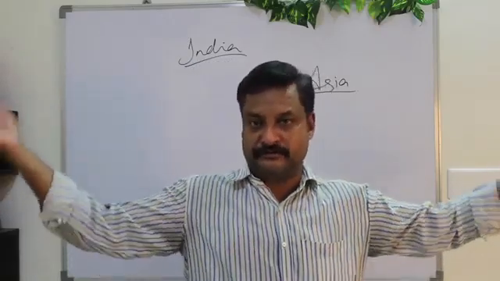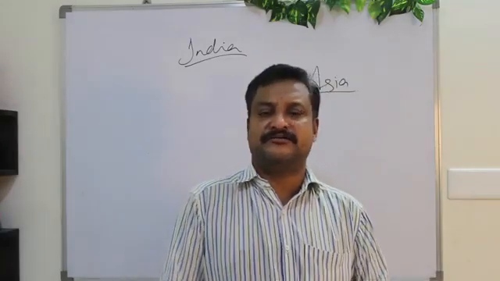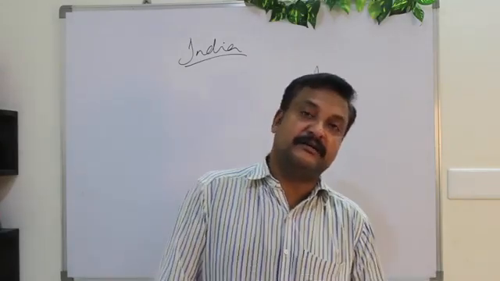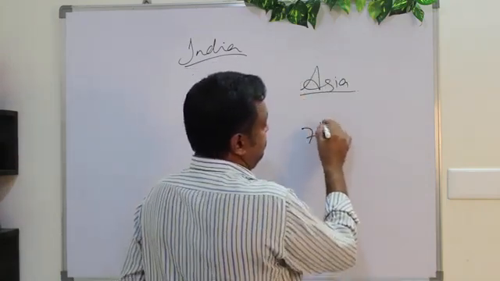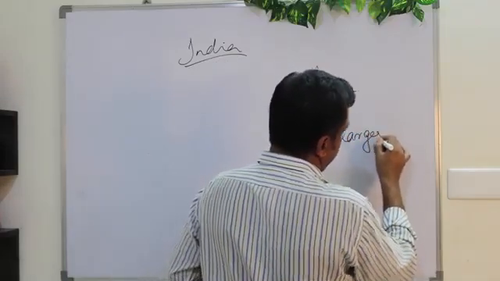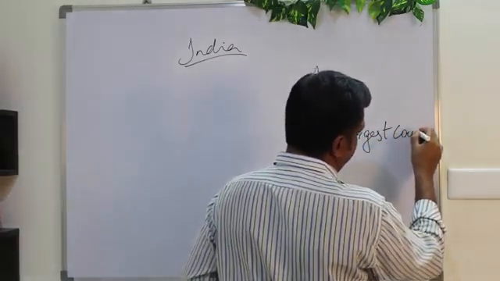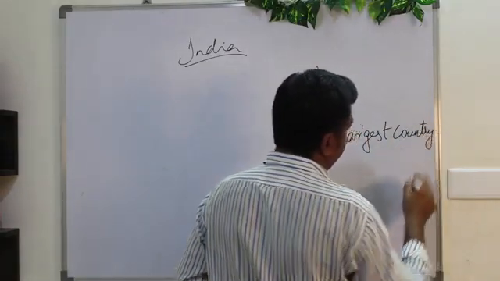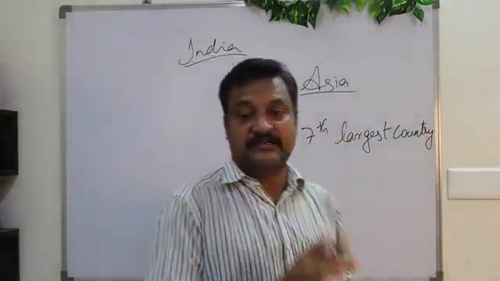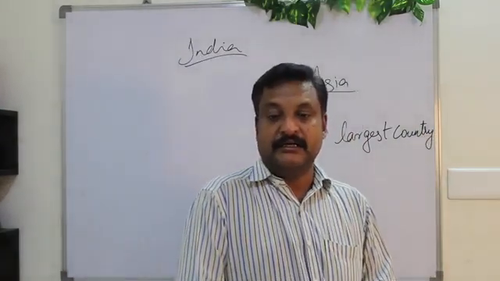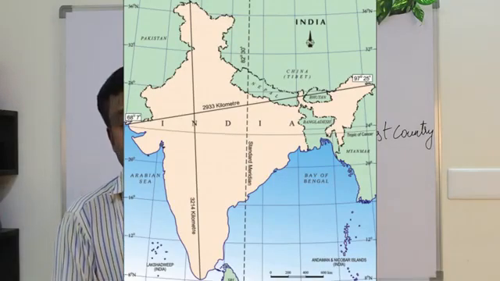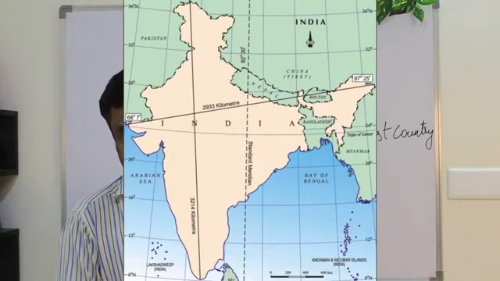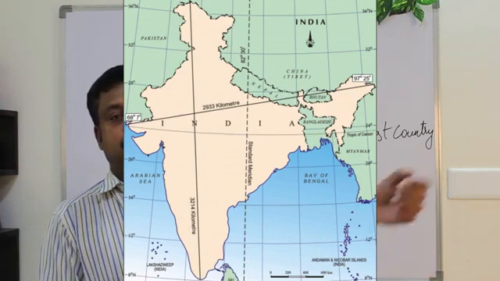Now, India is a very big country. It is the 7th largest country in the world, and it measures, look at the map, 3,000 kilometers from west to east, from the eastern tip in Arunachal Pradesh.